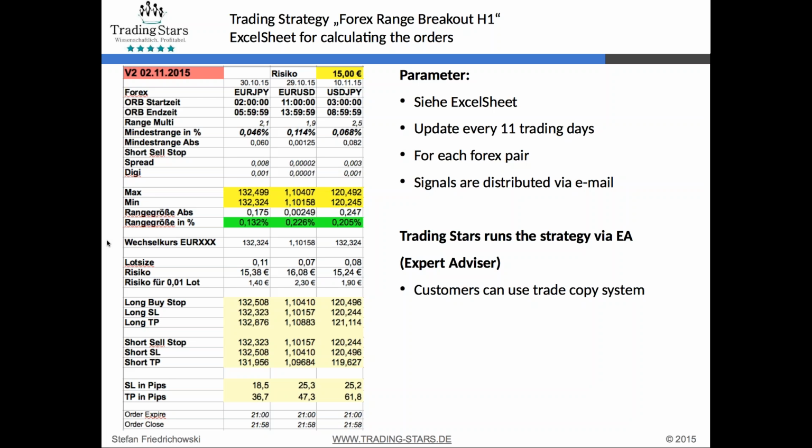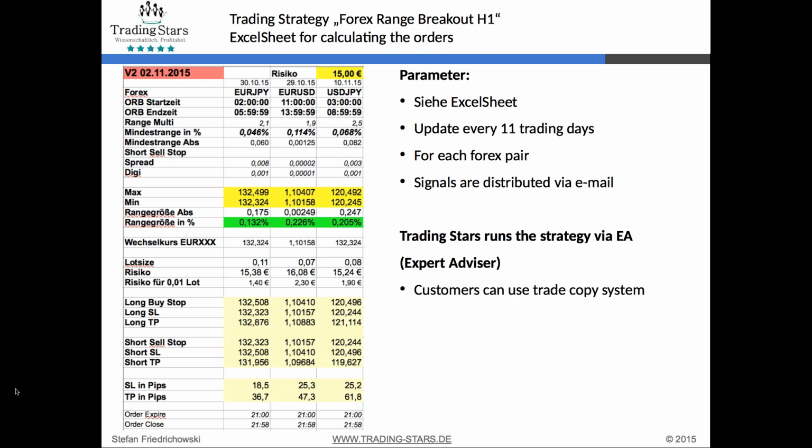With that Excel sheet, you can do the calculation by your own because we have all the parameters in the Excel sheet, and the orders are in the yellow part here. Another way to follow that strategy is simply a trade copy system, which we offer as well. And so finally, you have emails or a trade copy system to get those results into your own account.